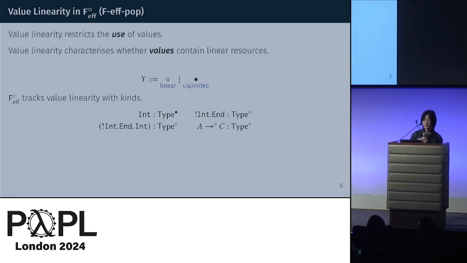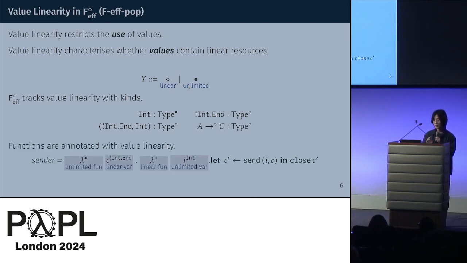And we track the linearity of value types using their kinds. So an int is an unlimited type, and a session type is a linear type, and a pair of a session type and int is also a linear type. And a linear function, whose function arrow has a circle on it, is also a linear type.